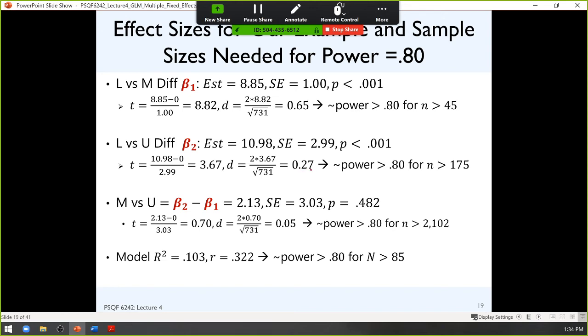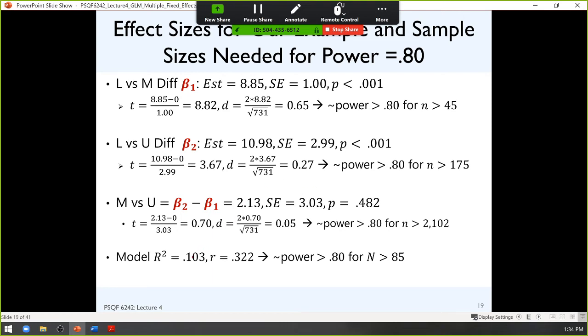So for that to be detected, I needed a sample size of 175 for each group. If I were trying to power a study to detect an effect size of 0.05, so 0.05 standard deviation units apart, I would need 2,000 people in each group.